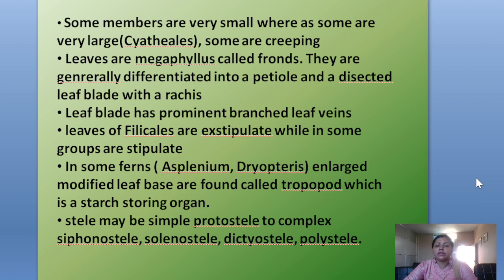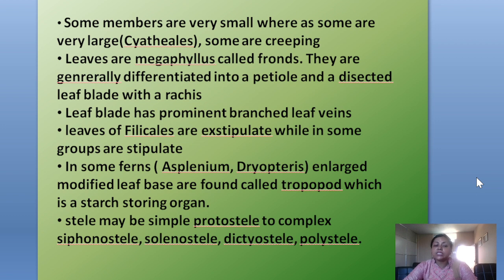The leaves are exstipulate, no stipules are there, while in some groups stipules are present. In some plants, suppose Asplenium and Bryopteris, modified leaf bases are found, known as trophopods. Trophopod actually means a starch storing organ.